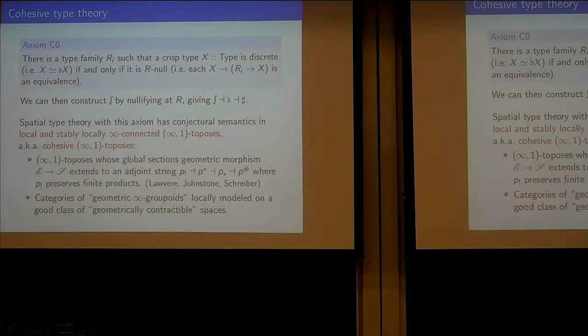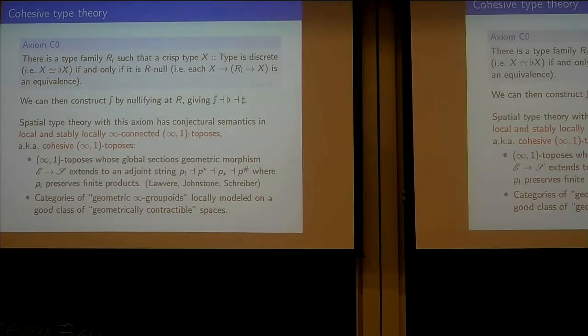And the conjectural semantics for this is in cohesive infinity-toposes, which are also called local and stably locally connected, or strongly infinity-connected, or I should say contractible, or something like that. Basically, they're the ones where we have this adjoint string at the infinity level, where the left adjoint also preserves finite products. So Lawvere talked about things related to these in the one-topos case. Johnstone characterized the sites that give rise to them, and then someone proved that this extends to the infinity case.